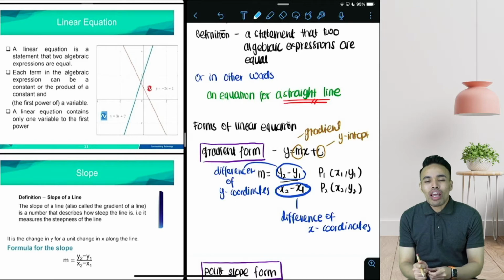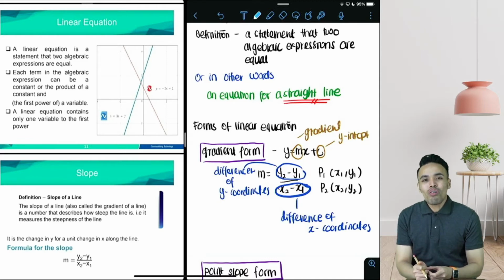Right after that, you can use this formula to determine the difference of the y and x coordinates respectively. By using the formula, you will be able to get the gradient of the straight line. Right after that, based on the illustration of the straight line given to you, you should know the y-intercept. The y-intercept crosses the y-axis, and normally the x-coordinate will be 0.